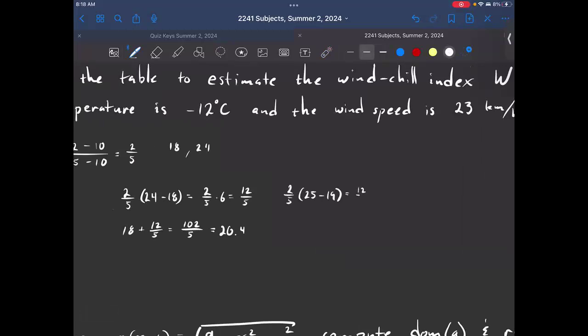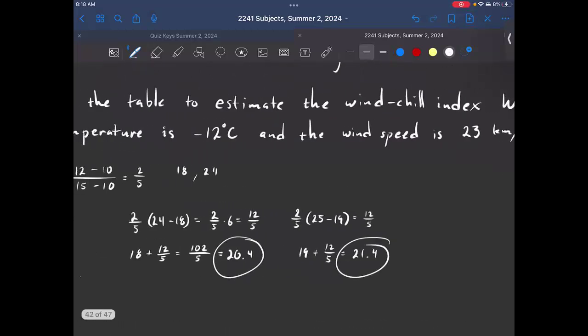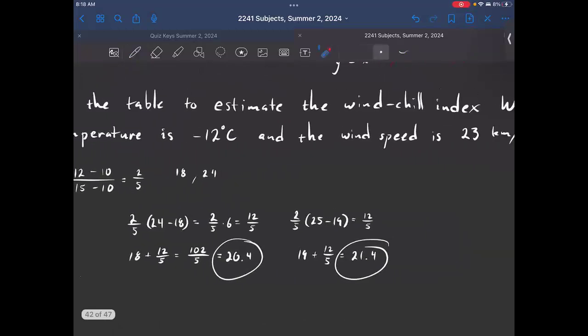So we have 12/5 again, and we want to look at 19 plus 12/5. We'll add 2 to that, and we get 21.4. Okay, so we have 20.4 and 21.4 as our lower and upper estimates. And that was just taking into account the temperature at 2 different wind speeds.